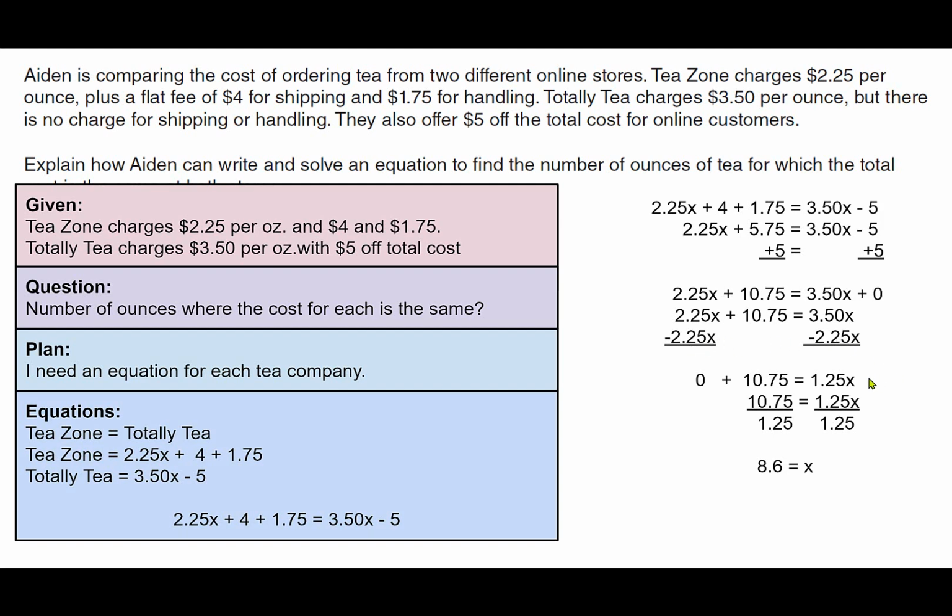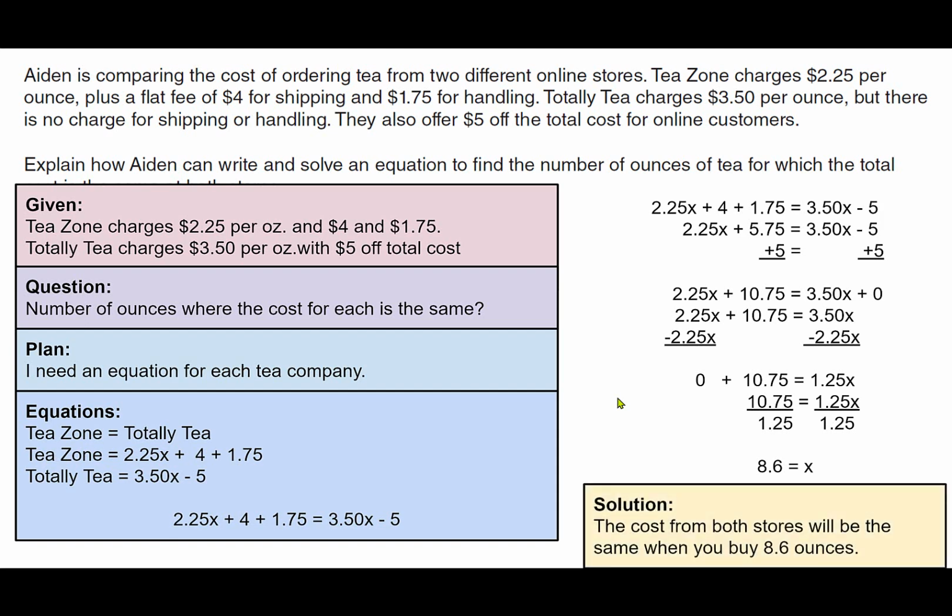When I get all the way down to this one-step equation, I'm trying to isolate the variable, which in this case is X. So I look to see what is with X, and that number is being multiplied to X. So using the inverse or opposite operation of division helps me find out that X is 8.6.